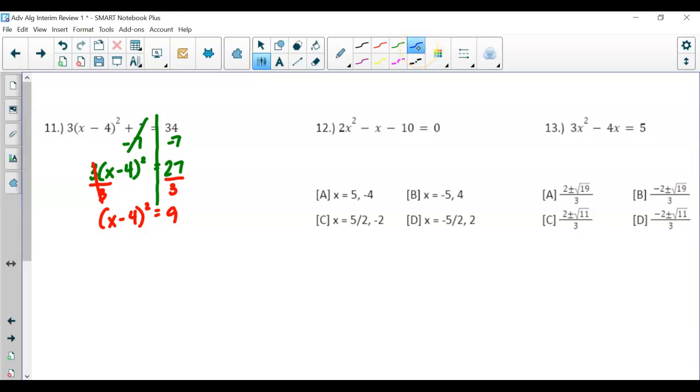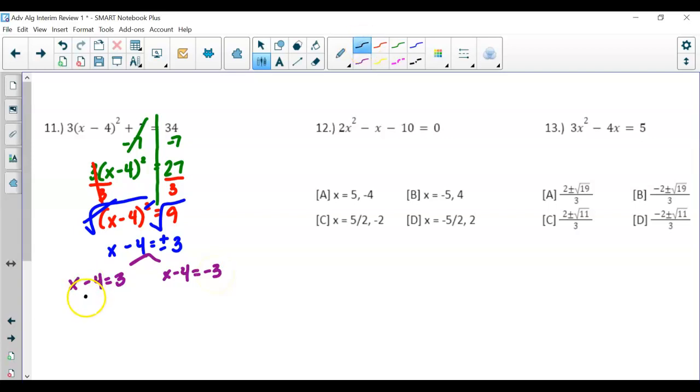Now can we take the square root? Yes, because the parentheses is by itself. So now canceling out, we've got x minus 4 is equal to plus and minus 3. Now we can set up our two equations. x minus 4 is equal to 3, and x minus 4 is equal to negative 3. So now when we go through and solve for x, we can add 4.